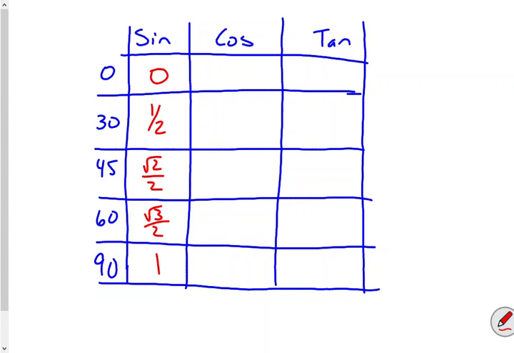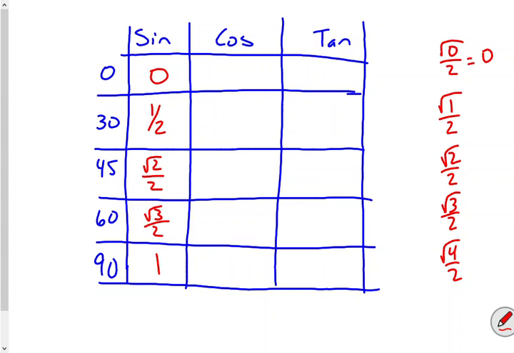Now the interesting thing that I think here is that if you take a step back, notice that these three in the middle are all over the number 2, and then think about it in terms of this. Square root of 0 over 2 is 0 over 2, which is 0.